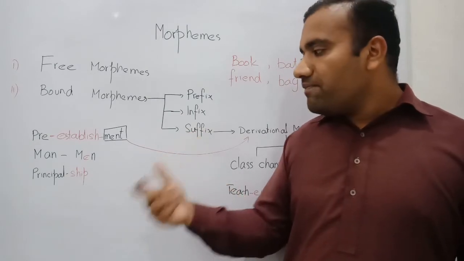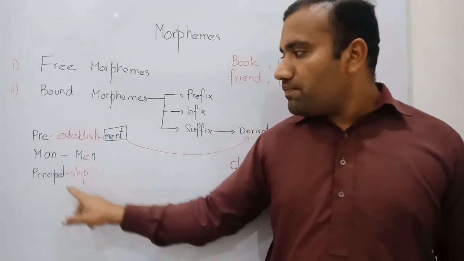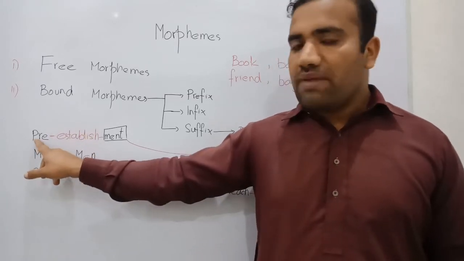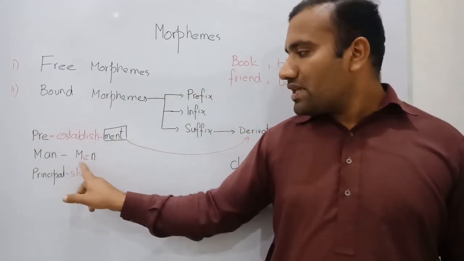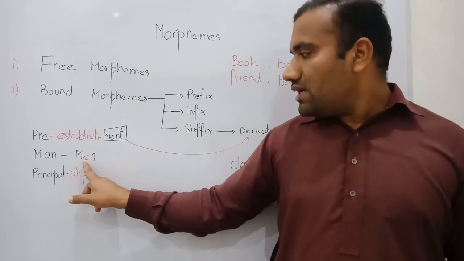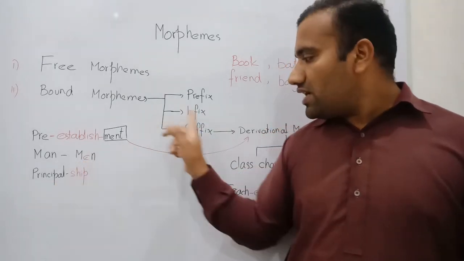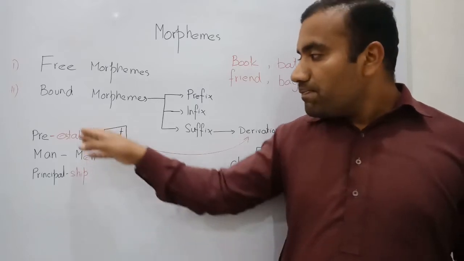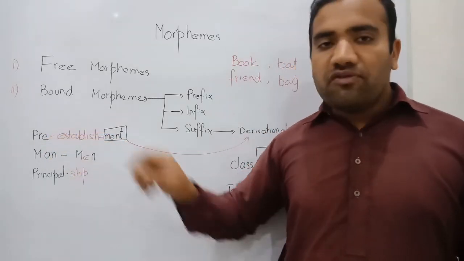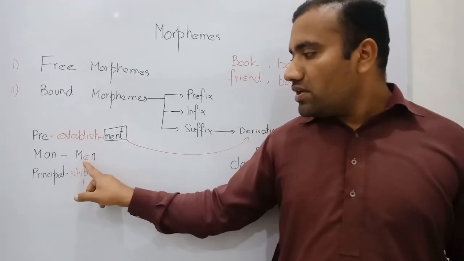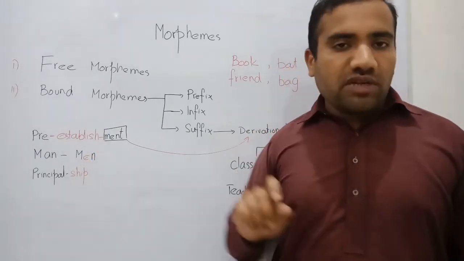We can say principalship. This is pre-established. Pre is the prefix. Man is the infix. Ship is the suffix, because these morphemes have different positions. This is the beginning position, this is the middle position, and this is the final position.